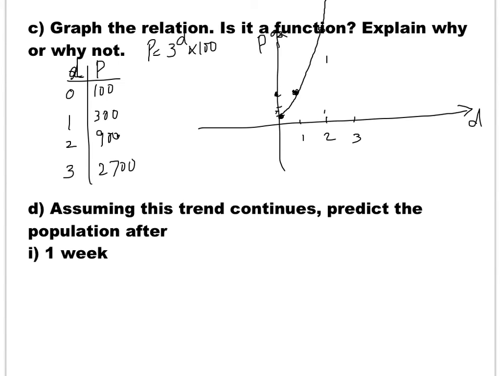The next part of the question says, assuming this trend continues, predict the population after 1 week. So we know that p is equal to 100 times 3 exponent d. 1 week is 7 days. If we use the calculator, we are going to find that this is 218,700.